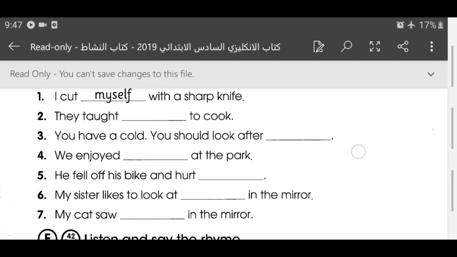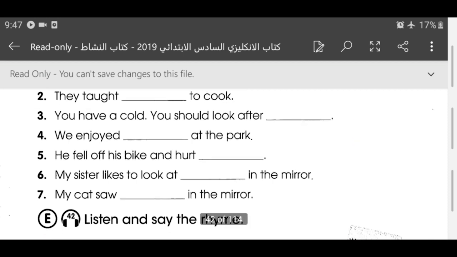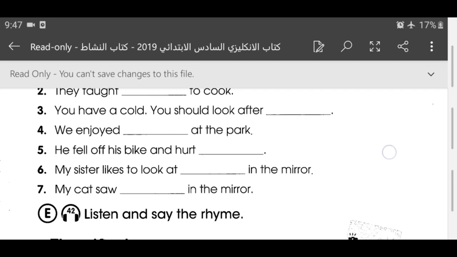We enjoyed ourselves at the park. 5. He fell off his bike and hurt himself.